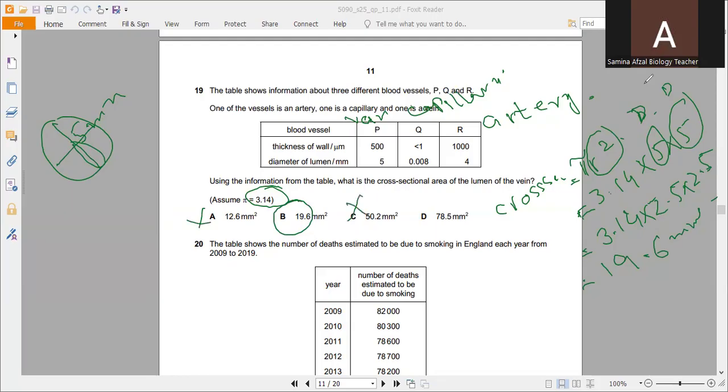A, C, and D are not the correct options, so the answer is 19.6.